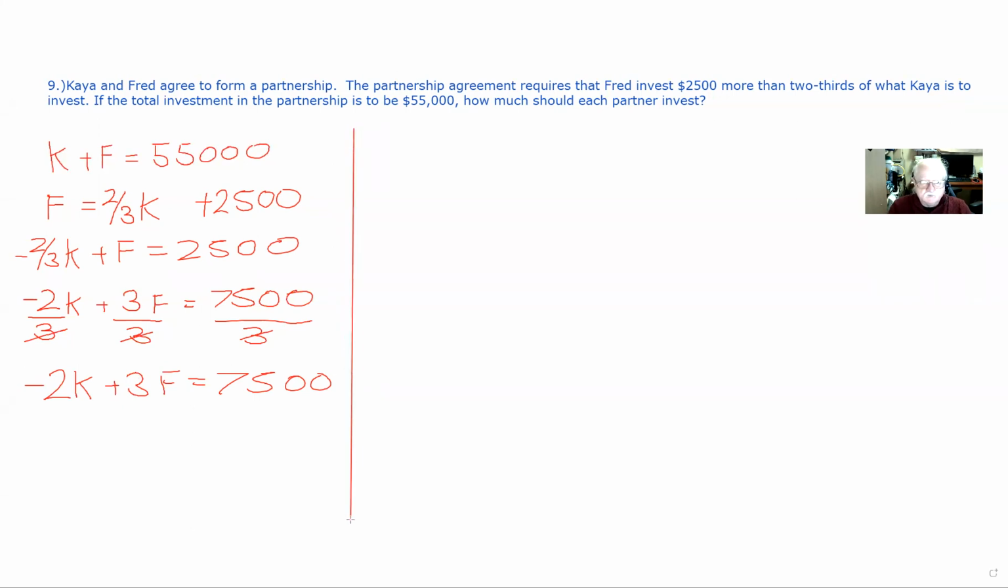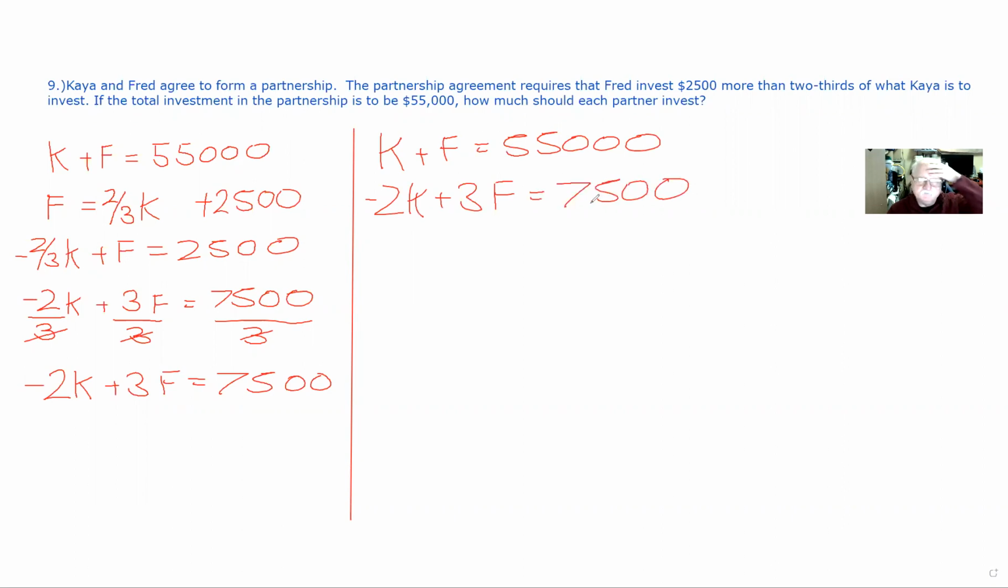So we now have two equations in the standard form, so we can work with them. Our two equations are K plus F equals 55,000 and -2K plus 3F equals 7,500.